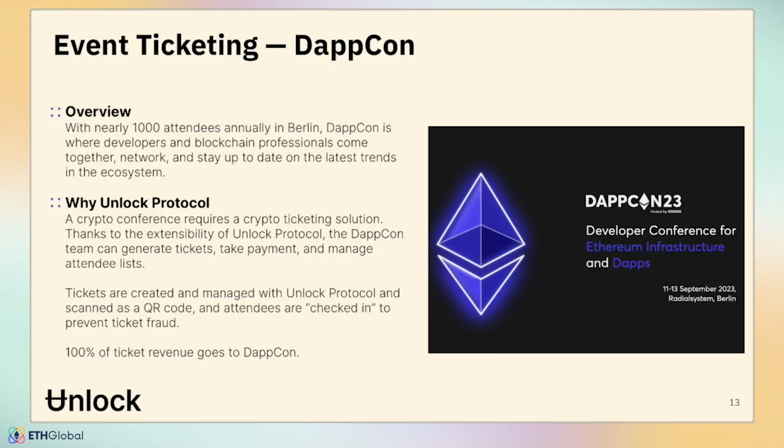What's interesting about DAppCon is that they're a crypto conference, and so it only makes sense that they're dogfooding. They're using the technology that they are writing or talking about. And in that example specifically, they decided to use Unlock for this. We also have built inside of Unlock a reference ticketing application, a system to verify authenticity of tickets by scanning QR codes.